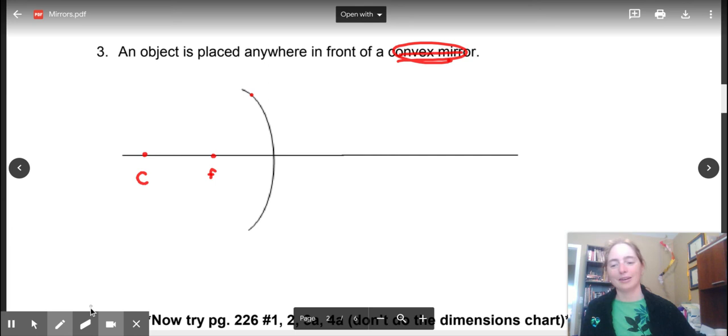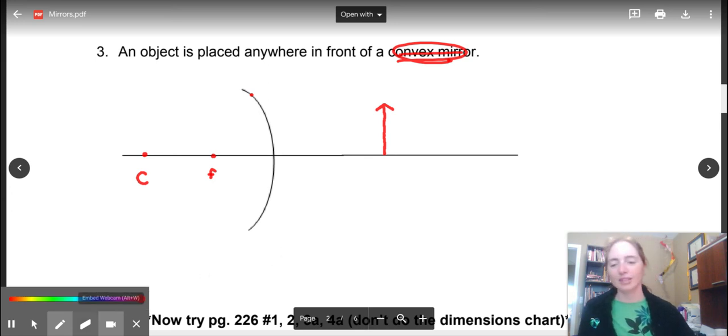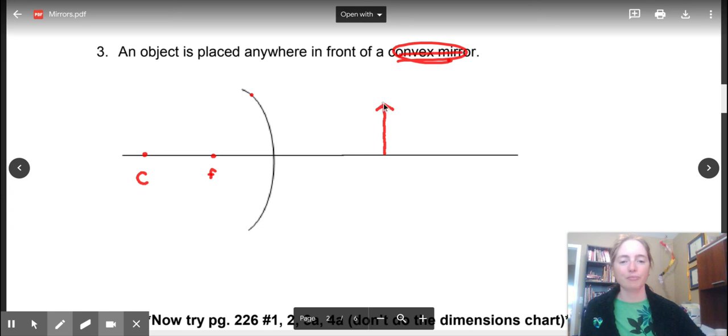Okay, all right, so I'm going to place an object anywhere in front of this mirror. So why not right here? There you go. That'll do. Okay, so now I'm going to take my ray diagram here, and I'm going to, once again, start from the top of the object because it's the easiest. And let's go with this parallel rule here. So I'm going to draw a ray of light that's parallel to that principal axis.